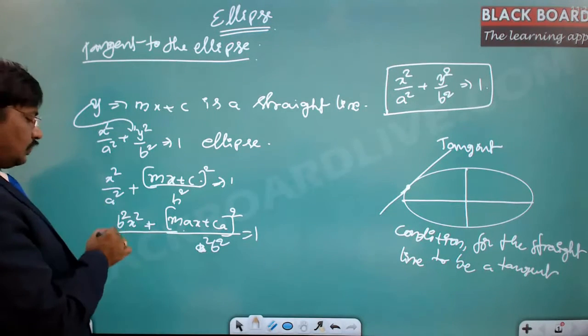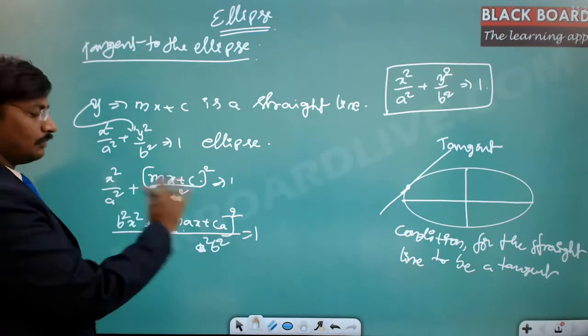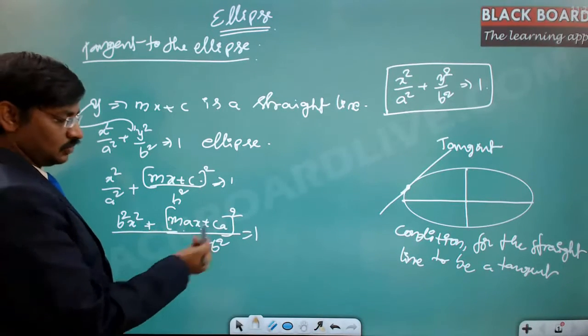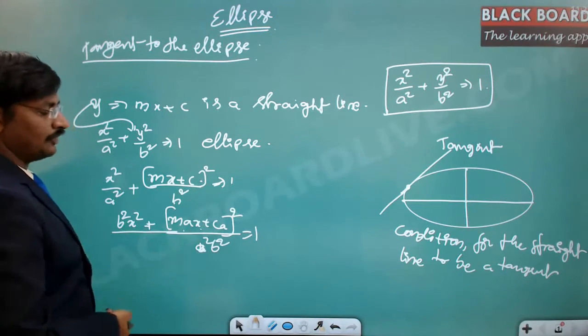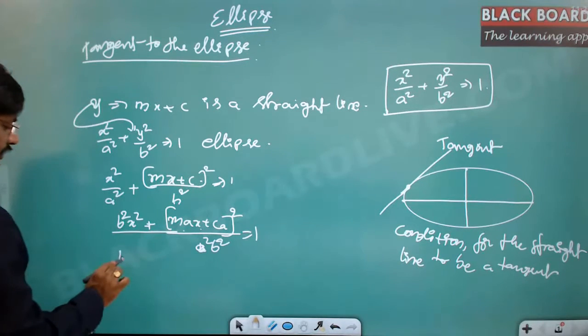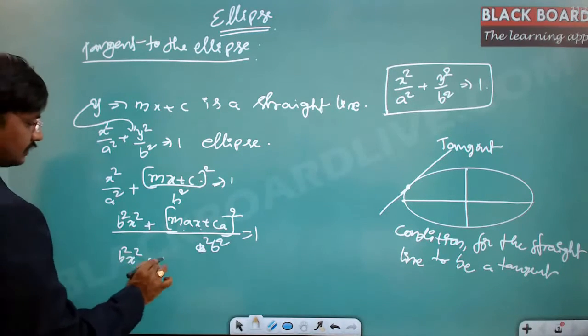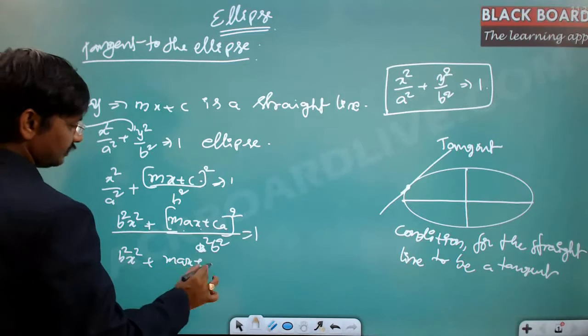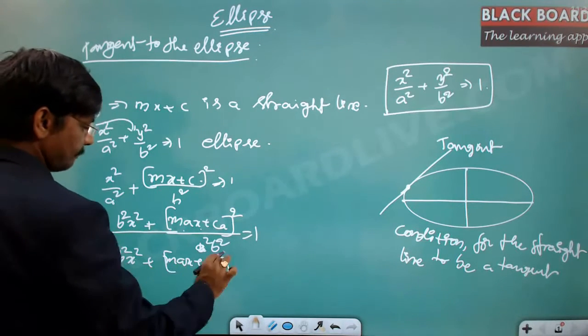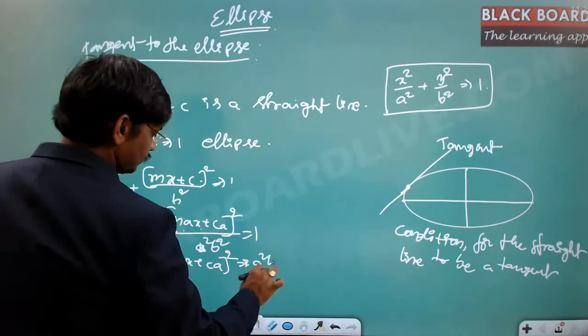I have taken the LCM of it, so here it is b square and here it is a square, and I am taking them inside. So this is going to be b square x square plus (max plus ca) whole square is equal to a square b square.